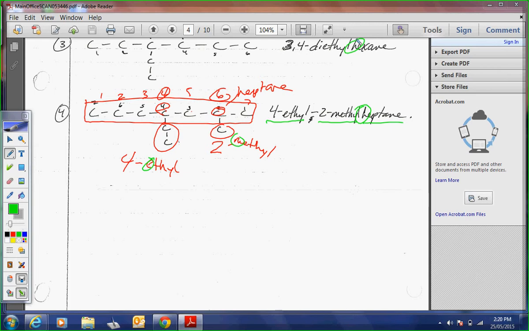Questions? Ronan? There's still hydrogens around the carbons, right? Yes, yes, yes. They do matter, but we just get lazy and don't draw them sometimes. The problem, as a teacher, is if I were to draw hydrogens on all of these, it becomes such a busy diagram that you can't see the carbon chain nicely.